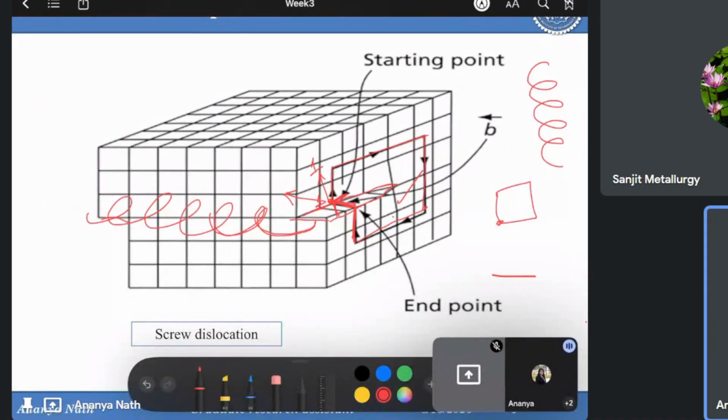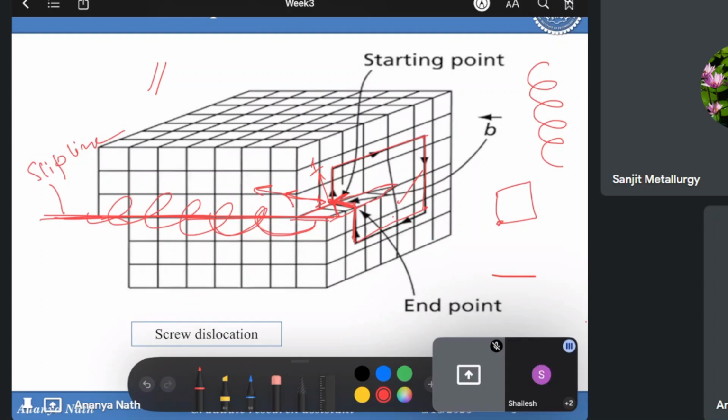So the direction is this, and the Burgers vector or the slip plane is this one. This is the slip plane, slip line, or the slip plane also you can call it. So the slip line and the Burgers vector are making a parallel relationship. So this is why the Burgers vector is parallel to the screw dislocation. So is it clear now?